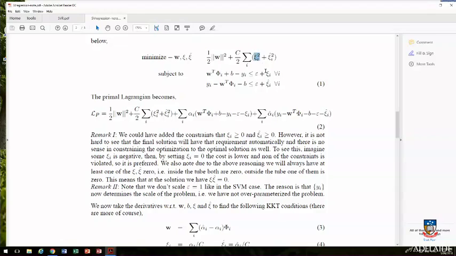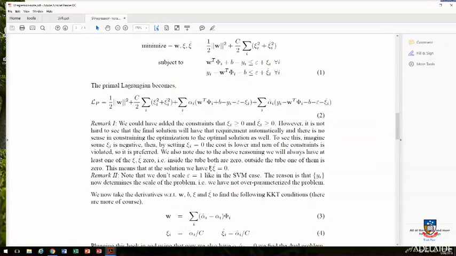But if we set it to be 0, the set of constraints still holds, but the objective function becomes smaller. So it's not possible for xi to be a negative value. If it's negative, then it will become 0. That's why the non-negative constraint is redundant. And the same for xi hat, right?